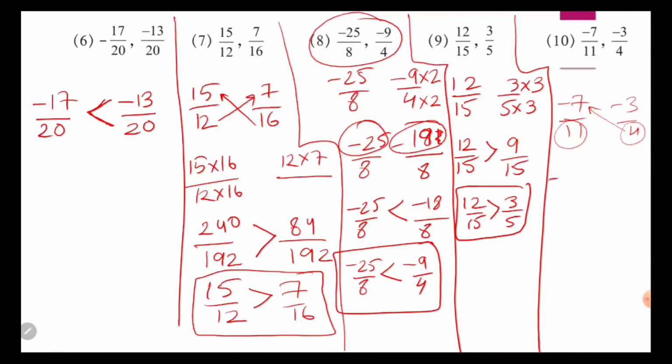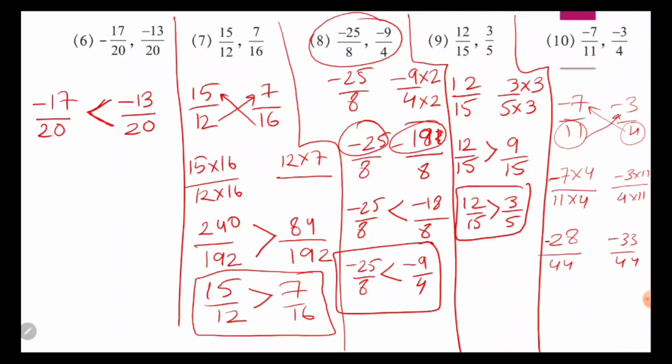I will be multiplying minus 7 with 4. If I am multiplying 7 with 4, I have to multiply the 11 also with 4, and I'll be multiplying this with minus 3 multiplied by 11. If I am multiplying with 11, 4 को भी मुझे 11 से multiply करना पड़ेगा. तो minus 7 multiplied by 4 will be minus 28 upon 44, and this will be minus 33 upon 44.